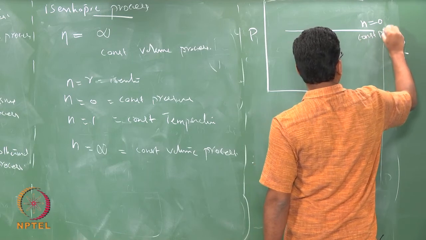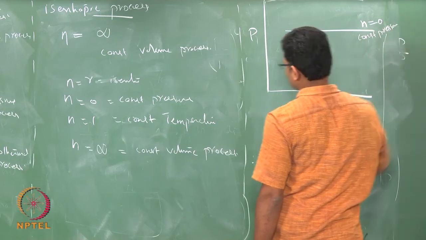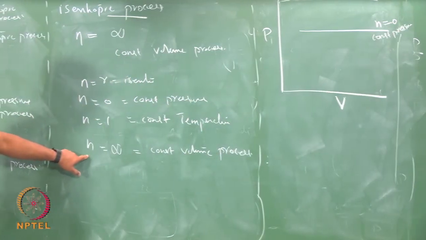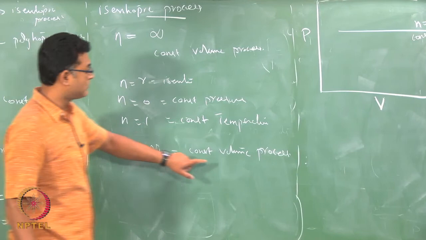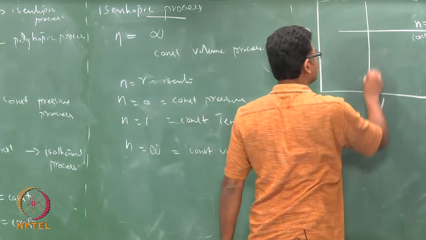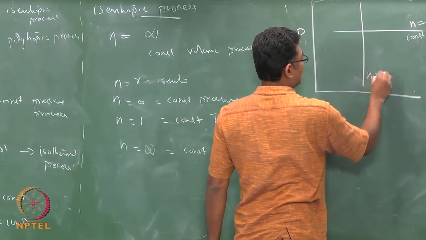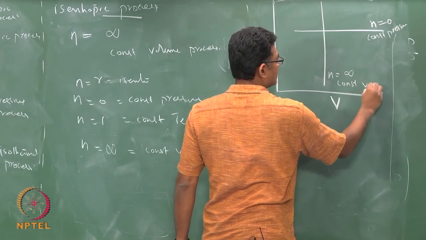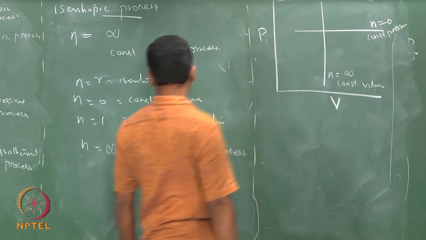Now n equals infinity is constant volume, so it is something like this.